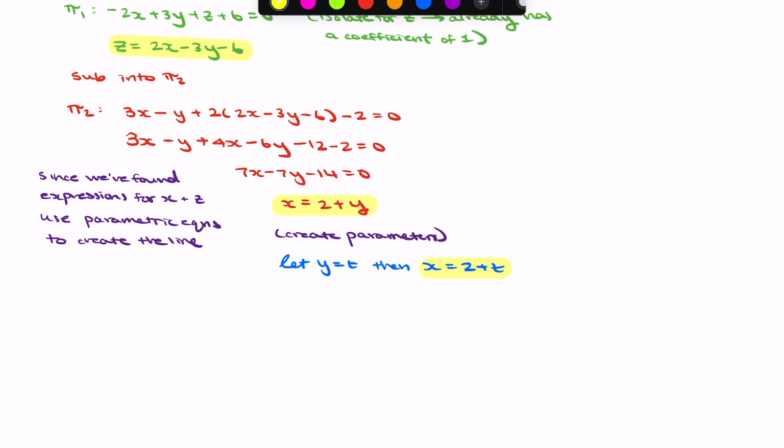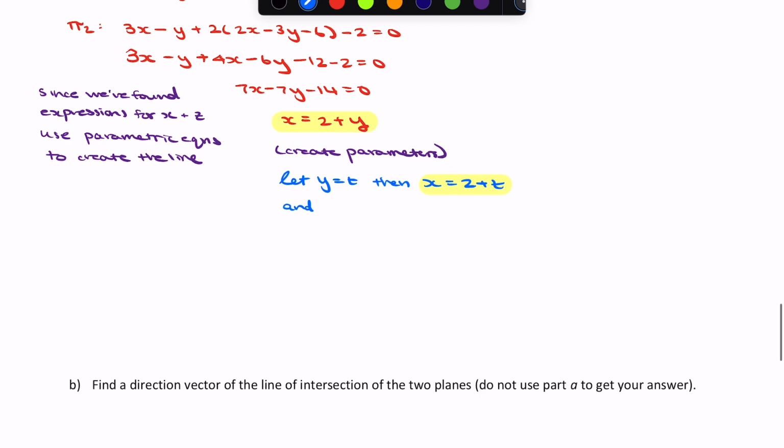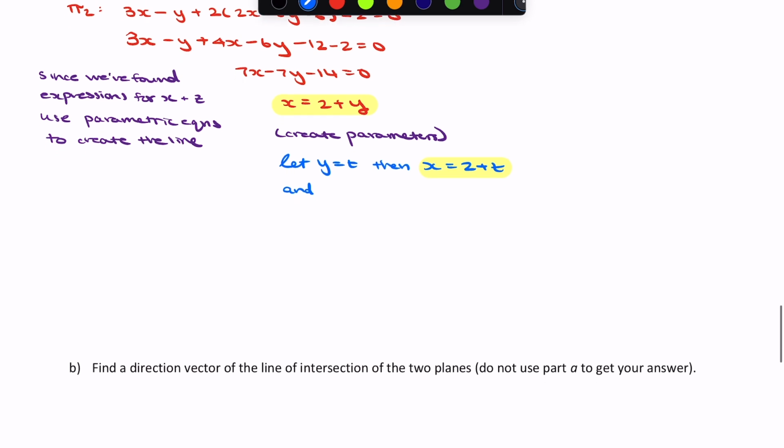And if we sub that in as well, we have z would be equal to 2 times 2 plus t, which was x, minus 3t, the t was y, minus 6, which is equal to 4 plus 2t minus 3t minus 6, and so z would be equal to negative 2 minus t.